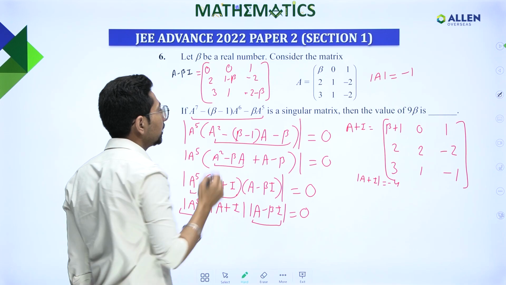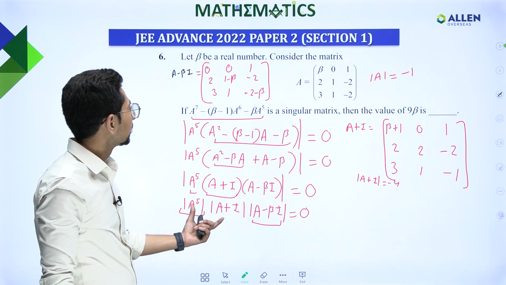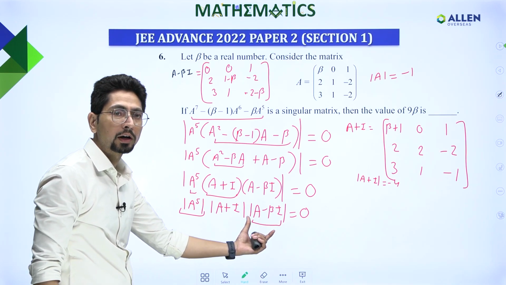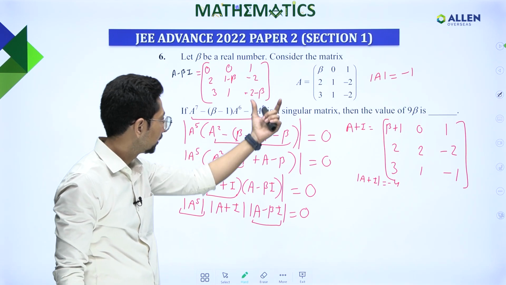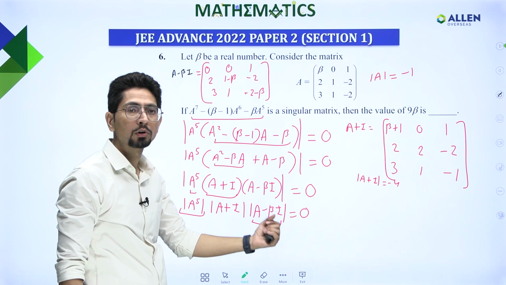Now its determinant must be 0, right, because these two are non-zero. And you remember the Cayley-Hamilton theorem, this is the characteristic equation for any singular matrix, given by determinant of A minus lambda I equal to 0.